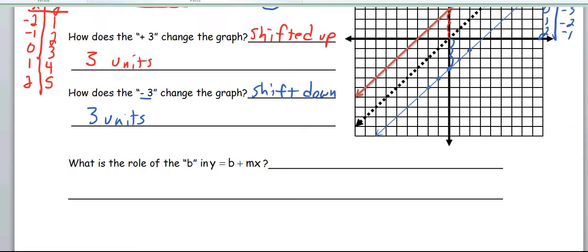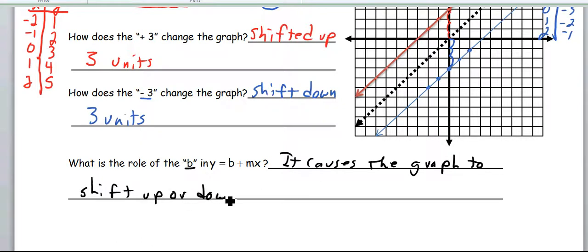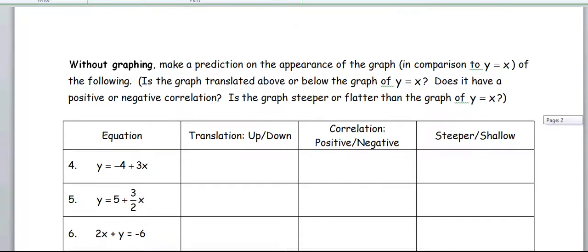So when we ask what is the role of the b in y equals b plus mx, we can say it causes the graph to shift up or down.